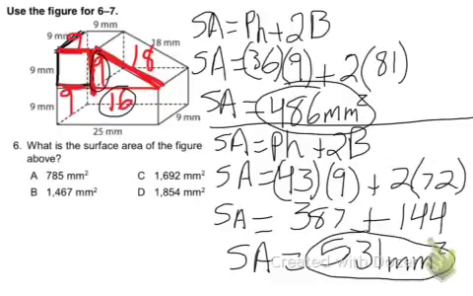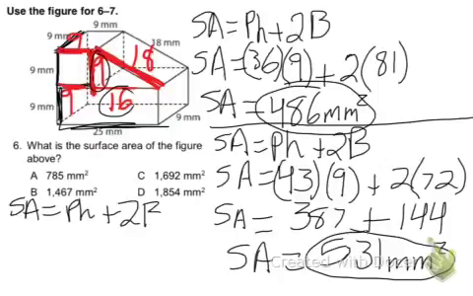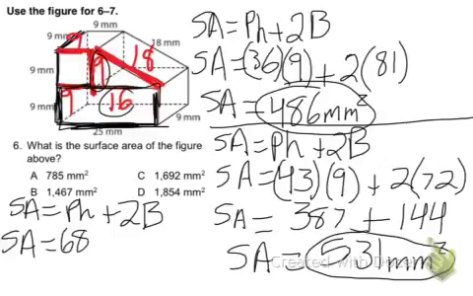Now we need to find the area of this bottom rectangular prism. So we're going to come over here. Surface area equals perimeter of the base times the height of the prism plus 2 times area of the base. The perimeter is 25, 9, 25, and 9, which is 68 millimeters, times the height of the prism, which is 9. How far back does it go? 9 millimeters.